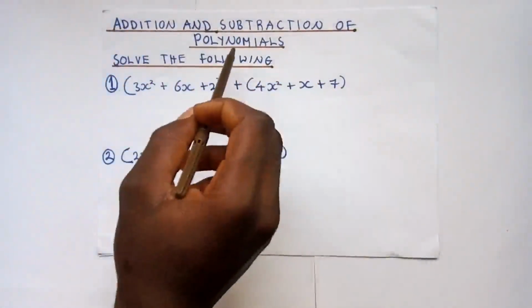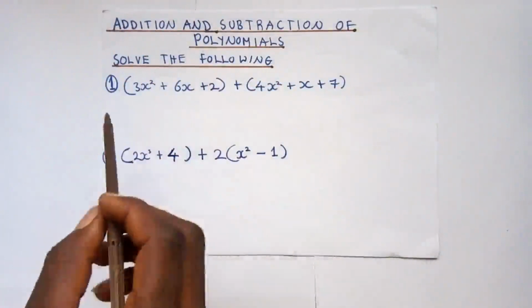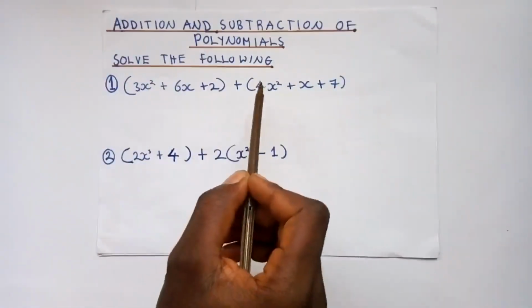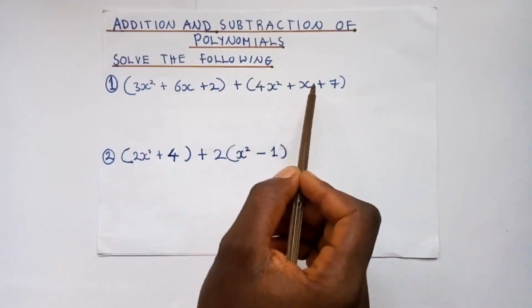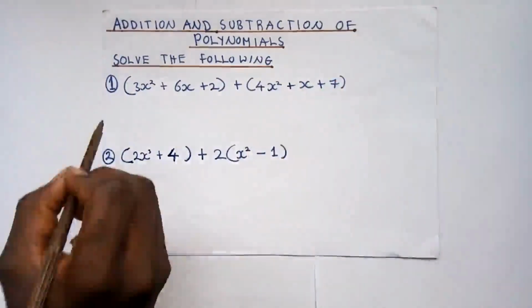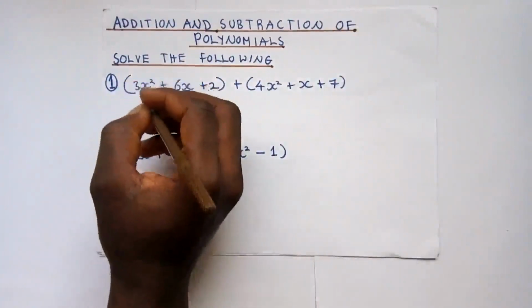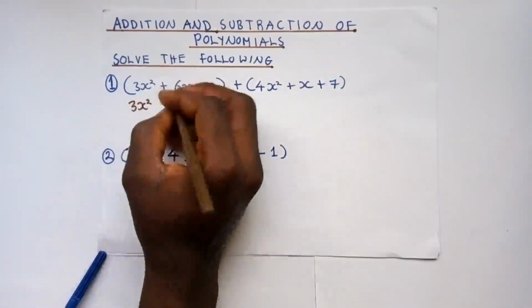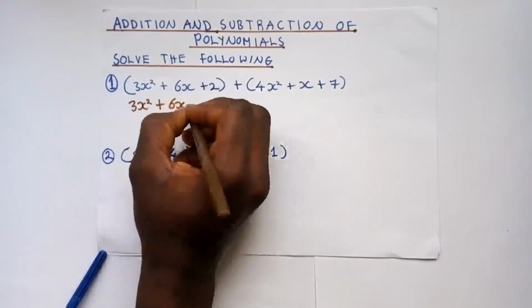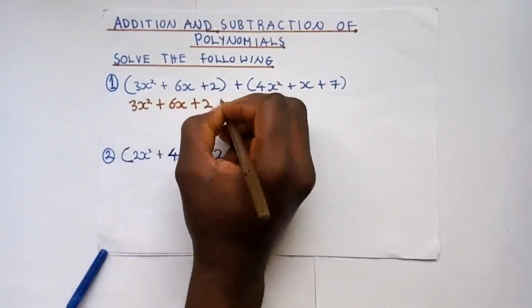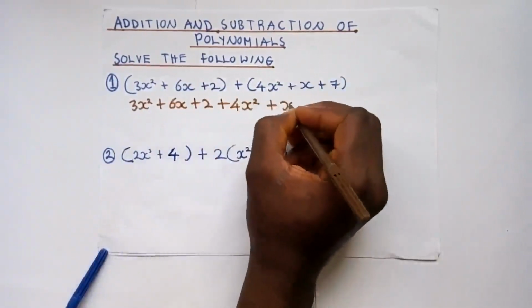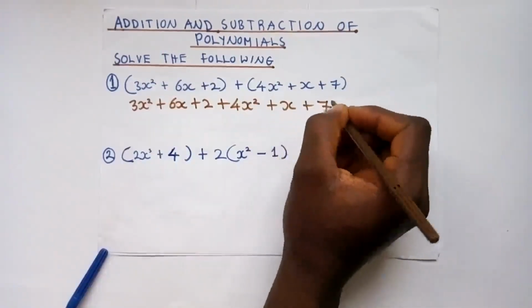Addition and subtraction of polynomials. Solve the following: (3s squared plus 6s plus 2) plus (4s squared plus 4s plus 7). Just open the brackets. So we have 3s squared plus 6s plus 2 plus 4s squared plus s plus 7.